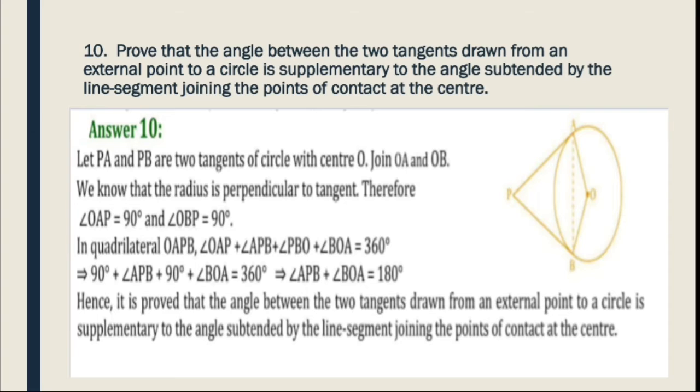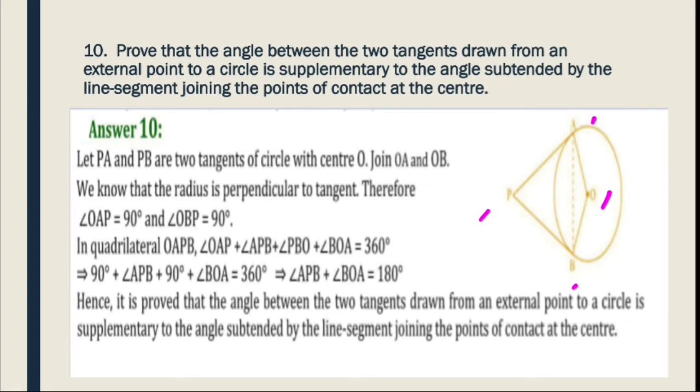So let's check the solution. Now since PA is tangent at the point A to the circle, so you can say that angle OAP is 90 degrees. By similar reason, angle OBP is also 90 degrees. Now OAPB is a quadrilateral, so the sum of all angles will be 360 degrees.